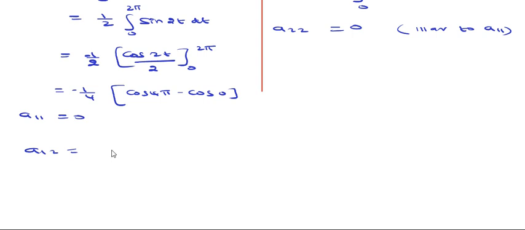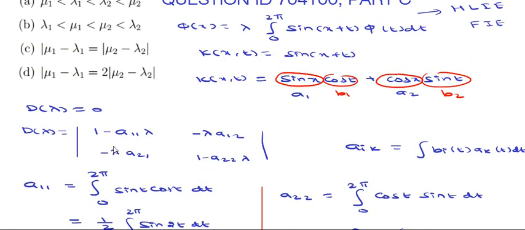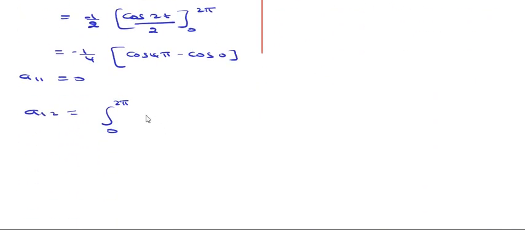Now we will find a12. a12 is equal to integral 0 to 2 pi of b2 of t, that is sin t, into a1 of t, that is sin t, dt. This is equal to integral 0 to 2 pi sin square t dt.